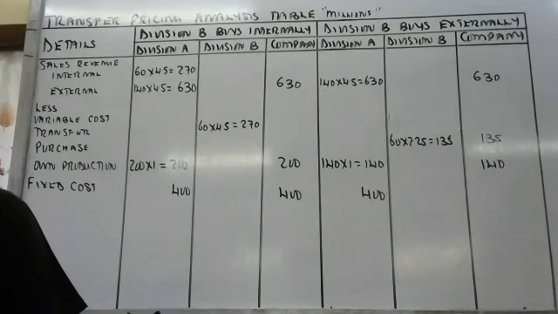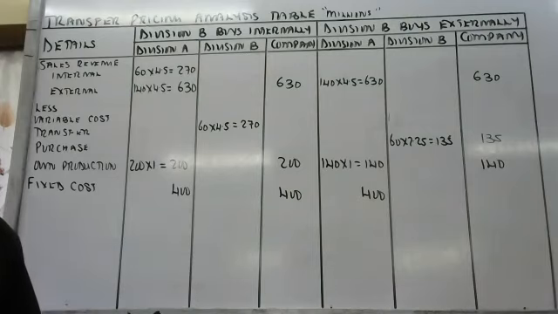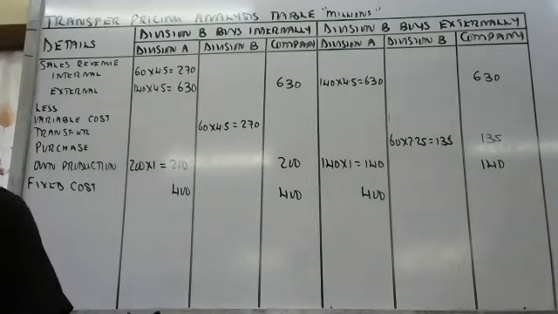So the average assets will come down by those values. Like inventory, instead of being 200, it will reduce by 80 and so on. Those ones are not affecting the fixed costs.